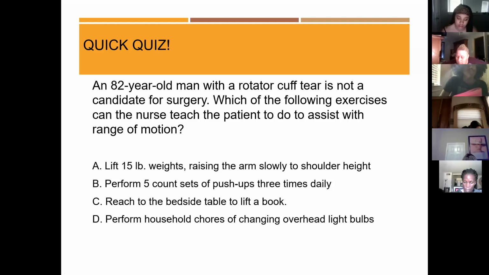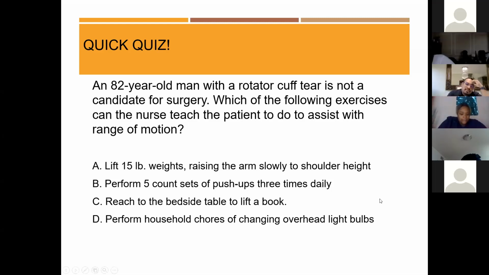See? Yes. We don't want Grandpapa to be lifting those 15-pound weights. Too heavy, right? It's not appropriate for him, right? So I'm guessing that 5 count sets of push-ups aren't appropriate either. And should he be changing those overhead light bulbs? No, right?